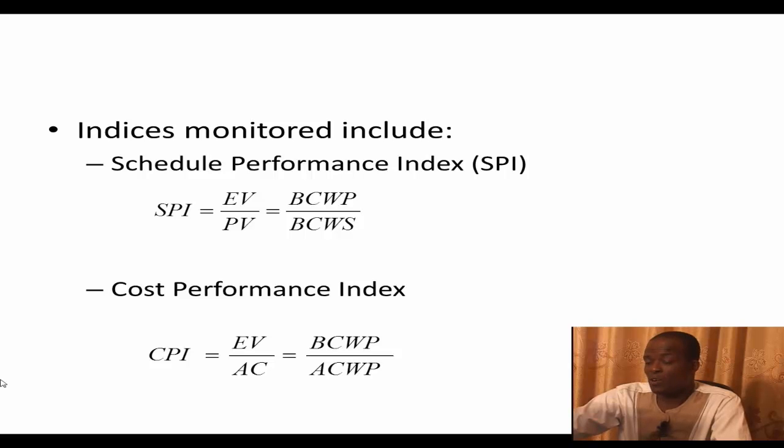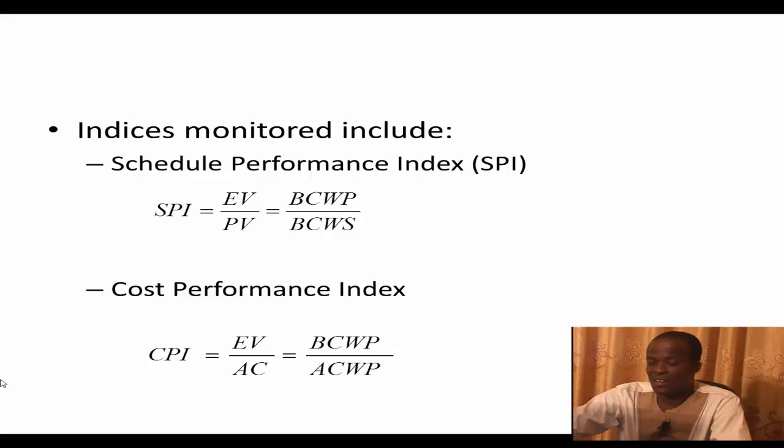Then the Cost Performance Index, CPI, is given by EV divided by AC. This is the same as BCWP divided by ACWP. And again here, if the CPI is greater than 1, it gives you an indication that you are within the budget as per that status date.